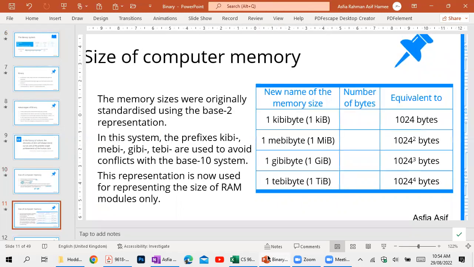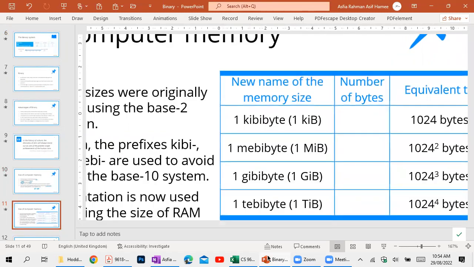Now, you might have seen this as KB, or generally we call it kilobytes, or MBs, megabytes, GB, gigabytes, and terabytes. Even the hard drives are now 1 TB, 2 TB. But actually, when we are talking about the memory of computers, these are kibibyte, mebibyte, gibibyte, and tebibyte.